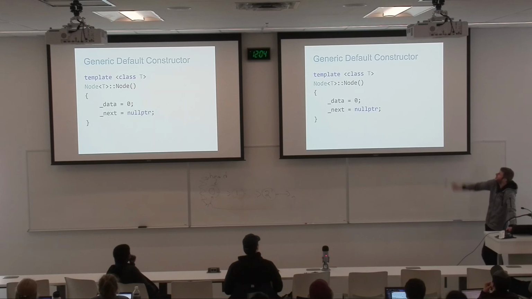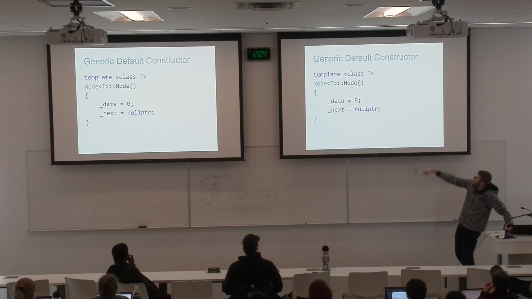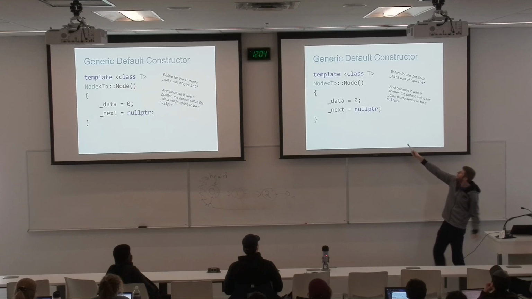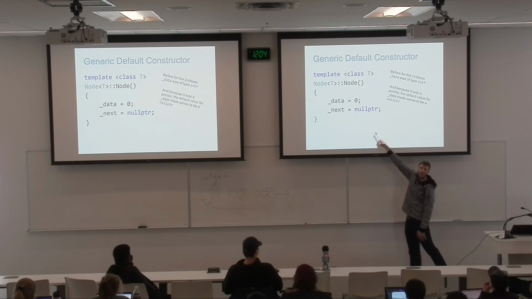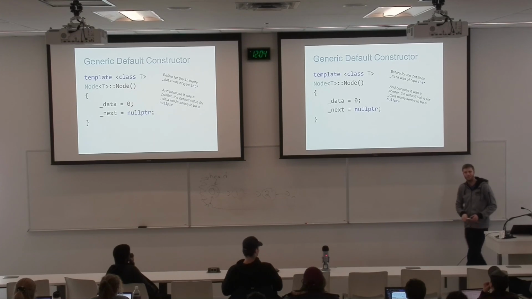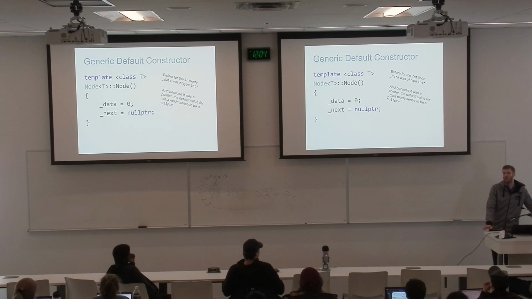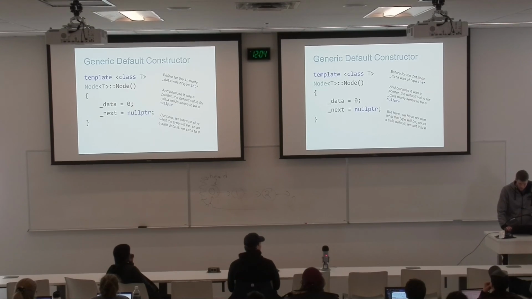I have to write template class T above it, node T : node. But it's a default constructor, so it's very simple. Now, I put 0 here because data, the thing of type T, might not be a pointer. So I don't know if I can set it to null pointer, so I'll set it to 0. Basically, is it an integer pointer or an integer? I don't know. It's T, it's up to you. But next is always going to be a pointer. It's always going to be a pointer to a node.